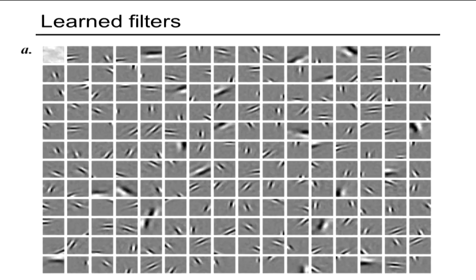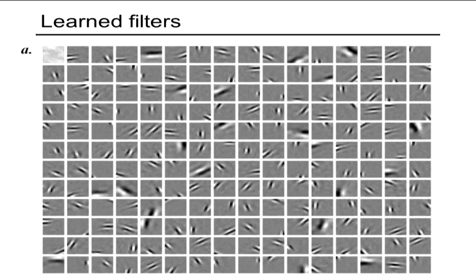What's peculiar about this? What does this remind you of? It looks not that different from the oriented filters that Hubel and Wiesel found in V1 all those years ago. But here, we did not put any of that information into the optimization.